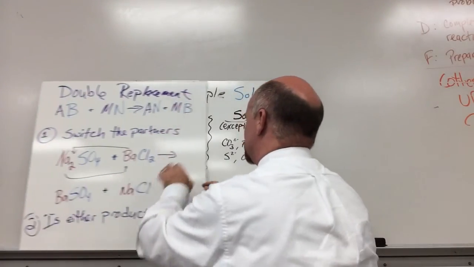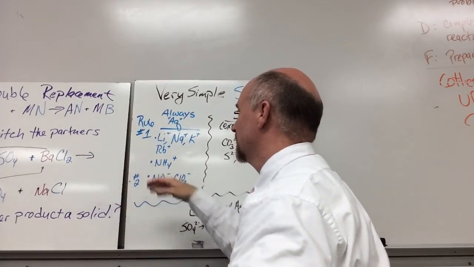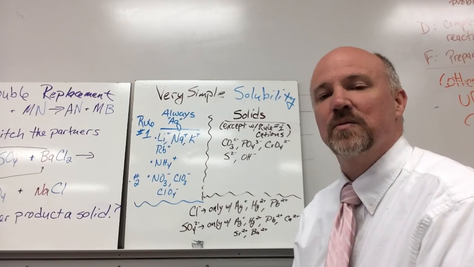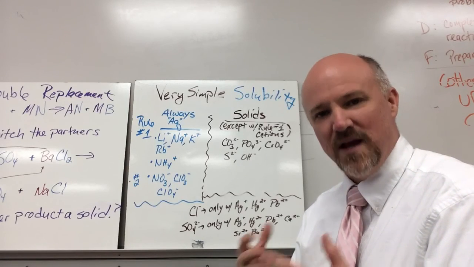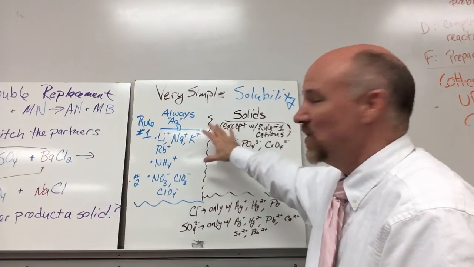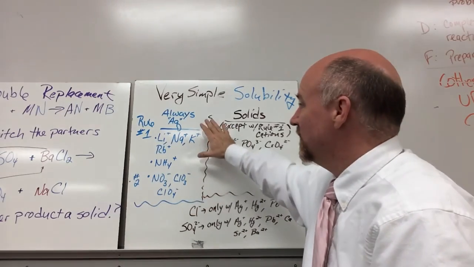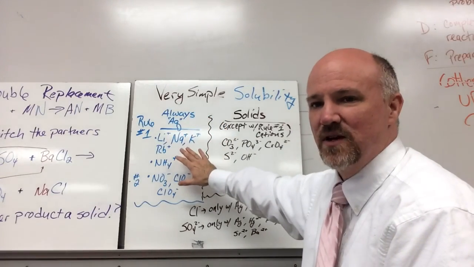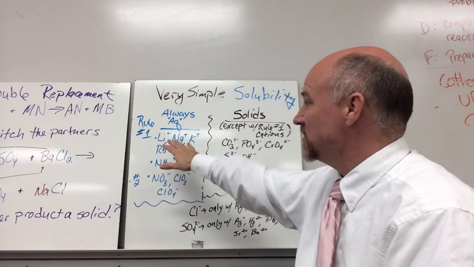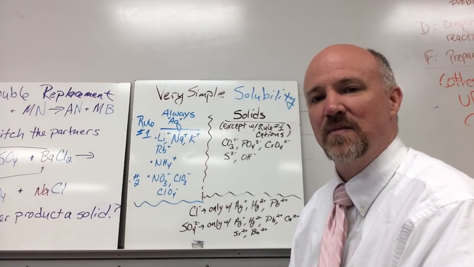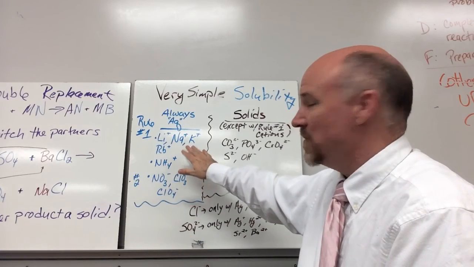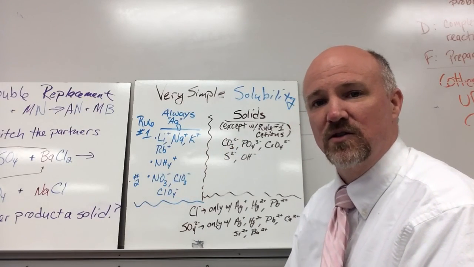Well, I have some rules. The rules that are in a lot of different places have many exceptions and lots of detail. I tried to boil it down to a very simple overview. There are things that will always be aqueous. There are a few lithium exceptions we're not going to worry about here. So pretty much anything in that first column, any alkali metal, in the first group 1A, no matter what it's paired with, is going to stay dissolved.